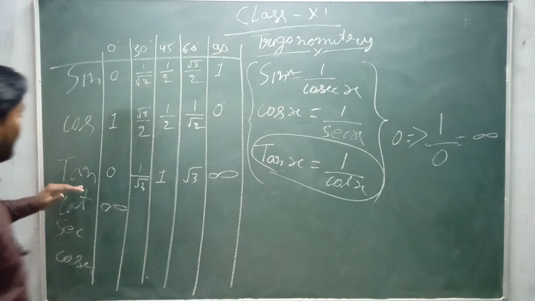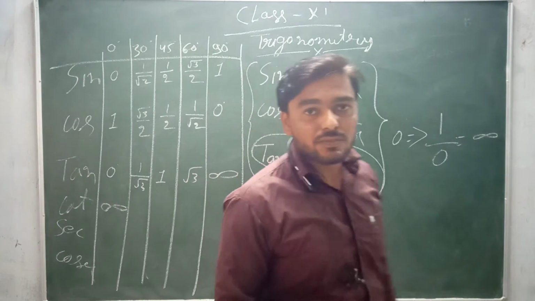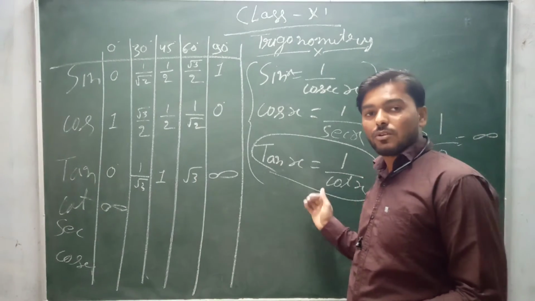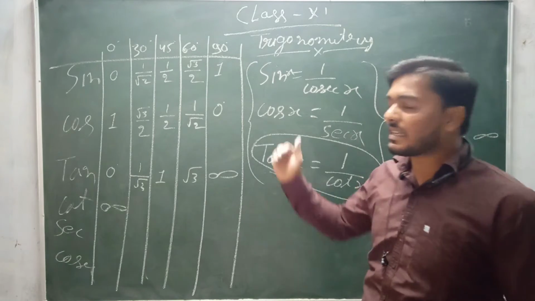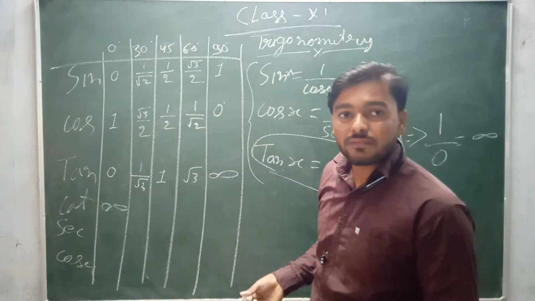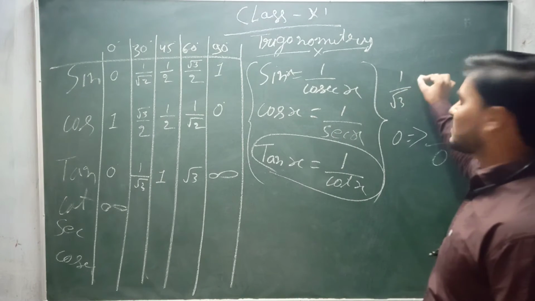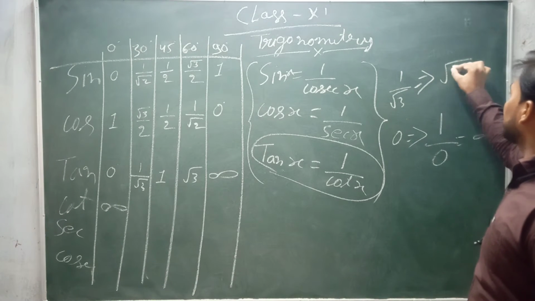Now we go to tan 30. What's the tan 30 value? That is 1 by root 3. But in tan and cot there is a relation: both are reciprocal of each other. Then the tan 30 value will also be reciprocated. What's the reciprocal of 1 by root 3? That is root 3.